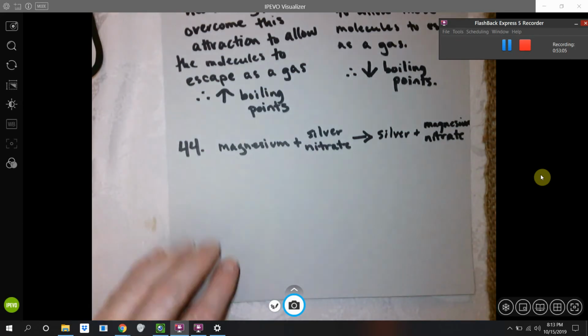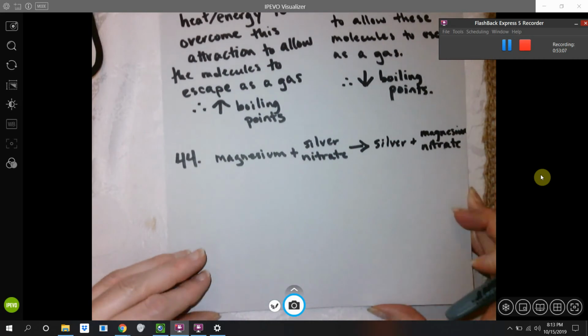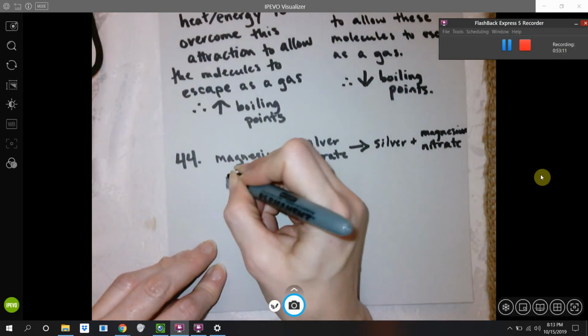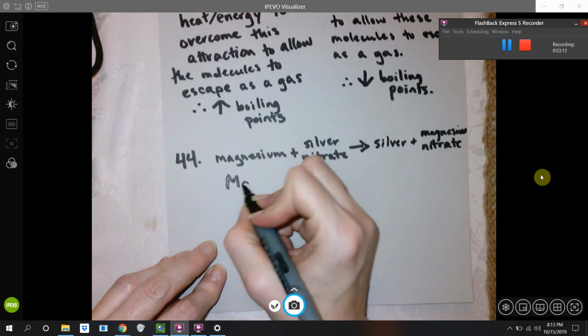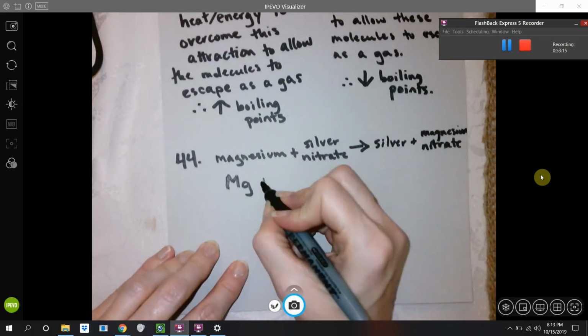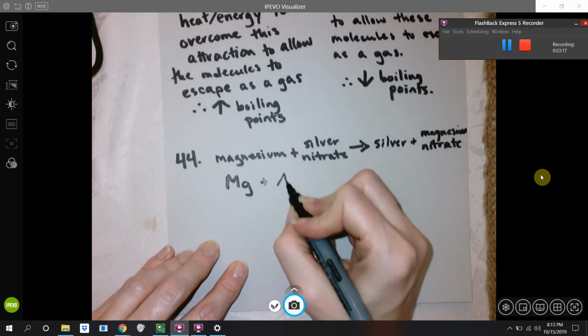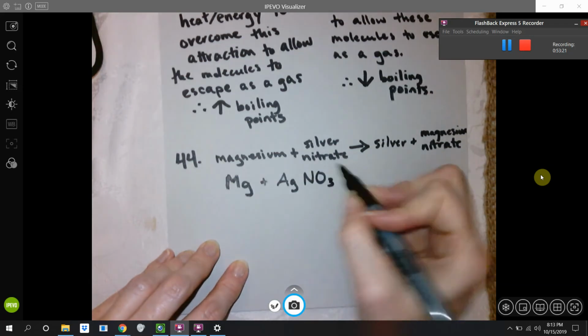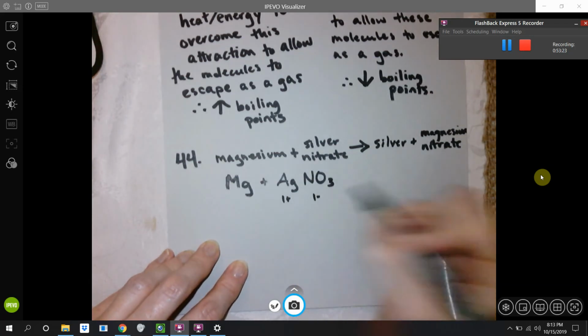So magnesium, let's turn this into some formulas. Magnesium is Mg, and silver nitrate, silver is Ag, nitrate NO3. Silver is 1 plus, nitrate is 1 minus, so we're all good.